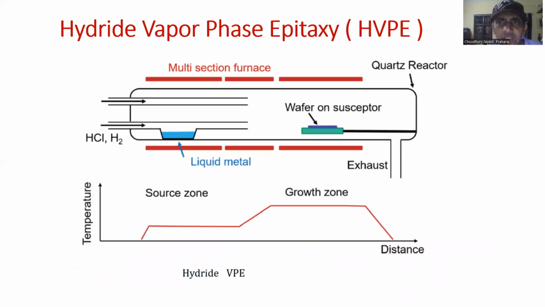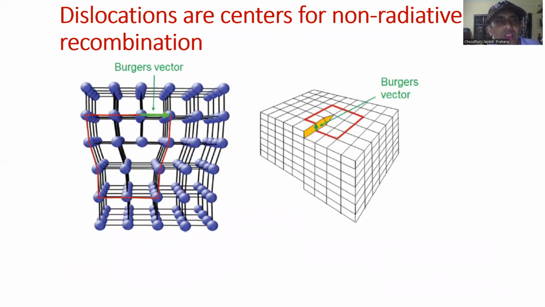We also have the hydride vapor phase epitaxy that can be used to form these epilayers. So we have these different epitaxial growth methods for obtaining solar cells from these materials. Here we mention some basics about dislocations that we mentioned, which are centers for non-radiative recombination.